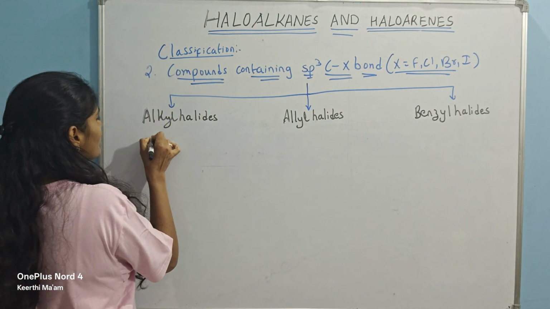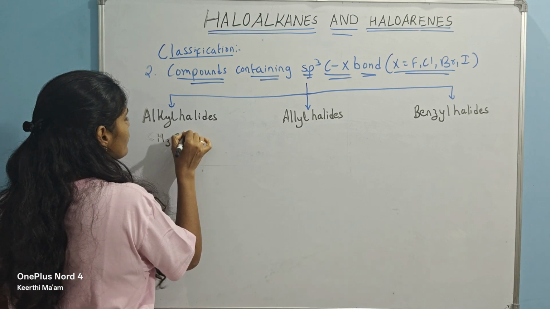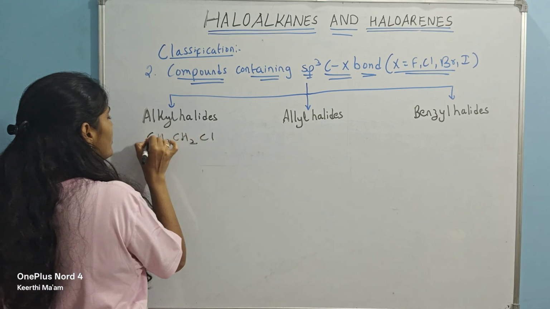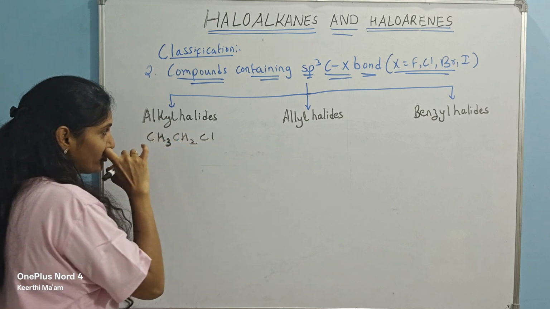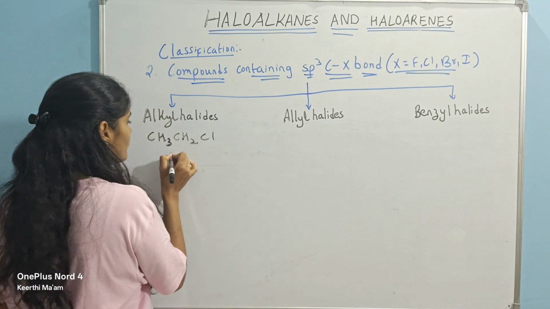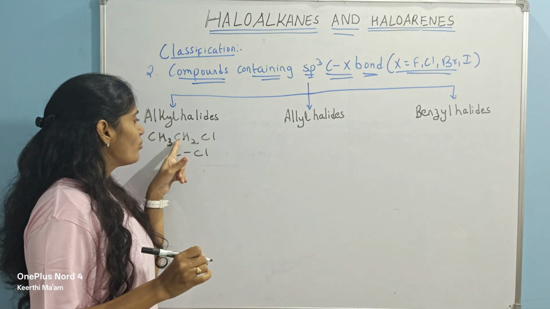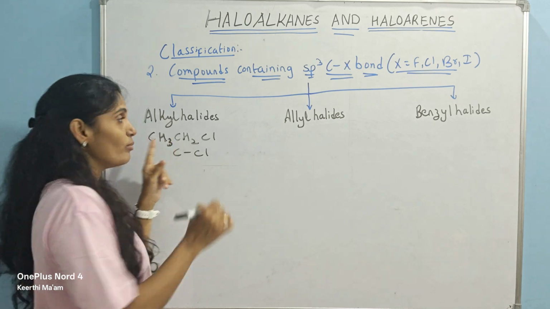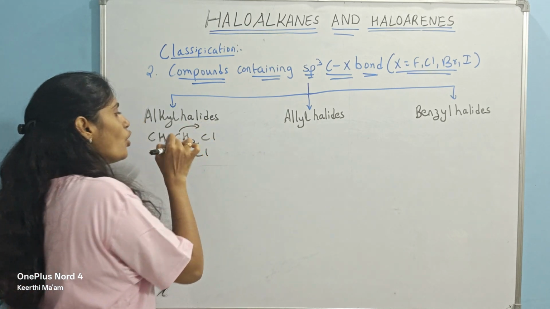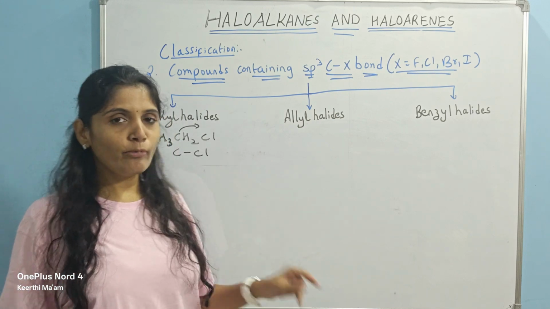When you take alkyl halides, it is CH3CH2Cl. What is the carbon-halogen bond here for me? The C-Cl bond. The carbon attached to halogen is this carbon. If you check the hybridization of this carbon, you have studied the hybridization concept in grade 11, so I am not going into depth.